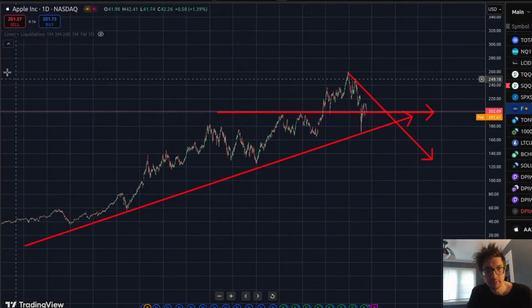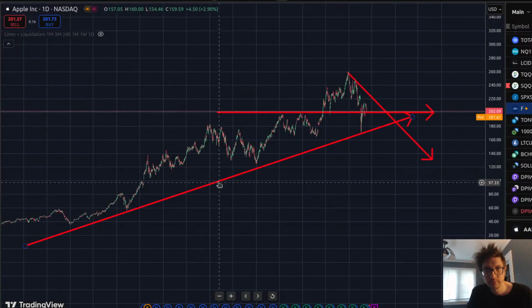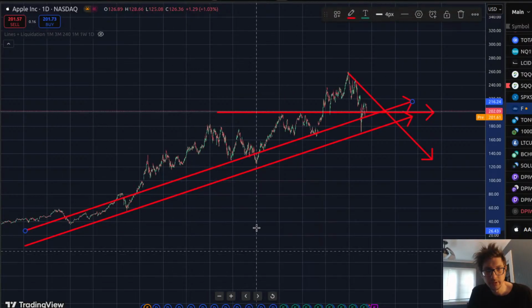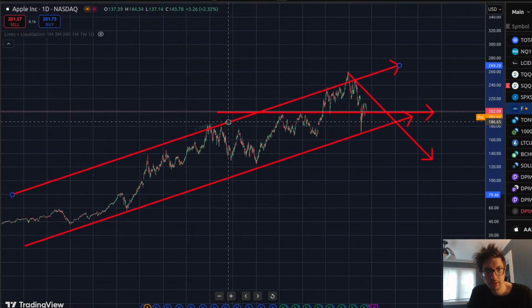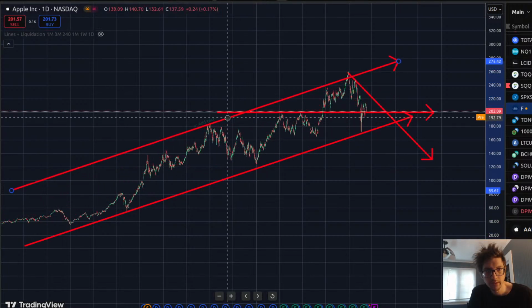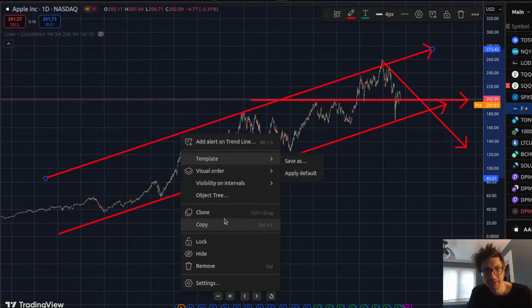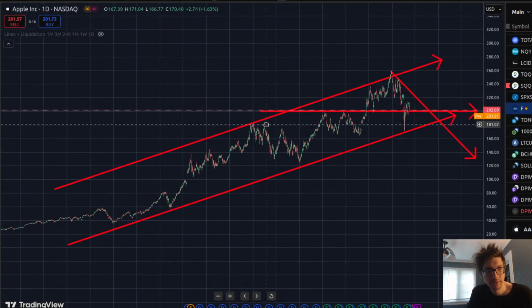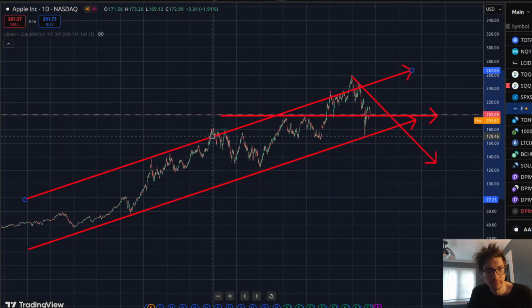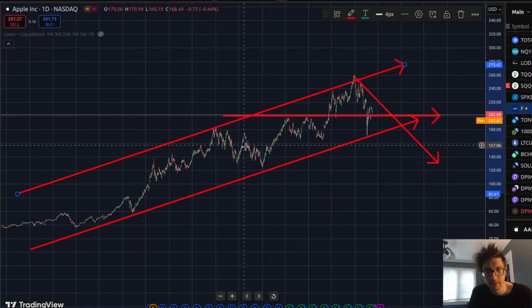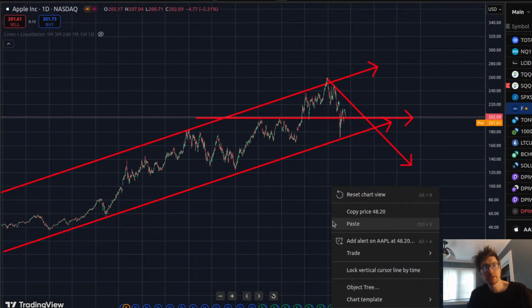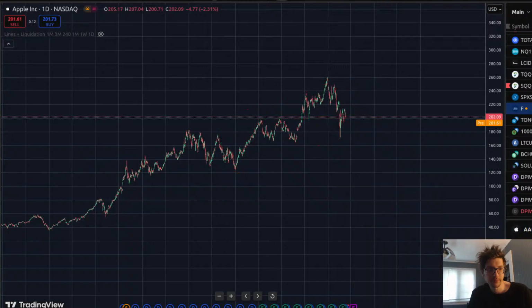We can sit here and draw trend lines all day, but at a certain point, it just becomes abstract art, so to speak. The more trend lines we draw, it's just confusing, and it's not necessarily that confusing, right? But let's just simplify things, make things simple, right?